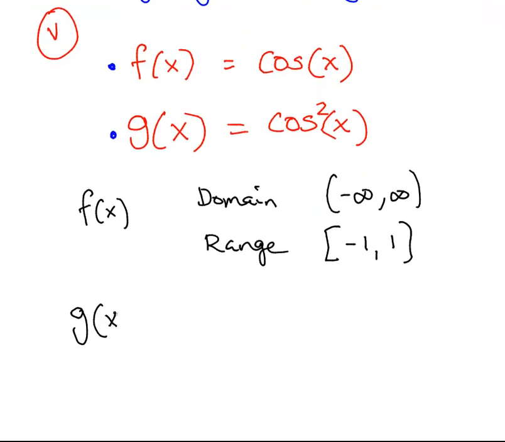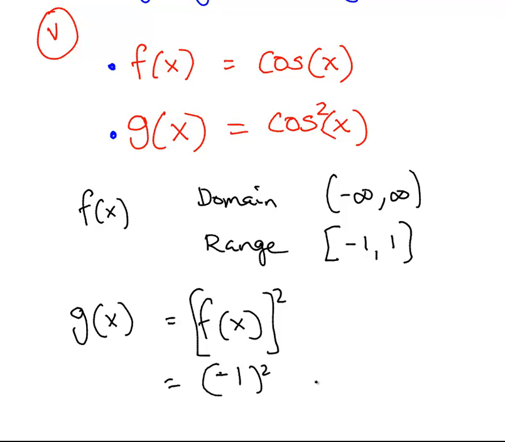So what happens when we get f of x equal to minus 1? Actually, I'll just state that this is f of x squared, you might notice that. So what happens when we get an output of minus 1? Well, for g of x we get minus 1 squared, which is 1.